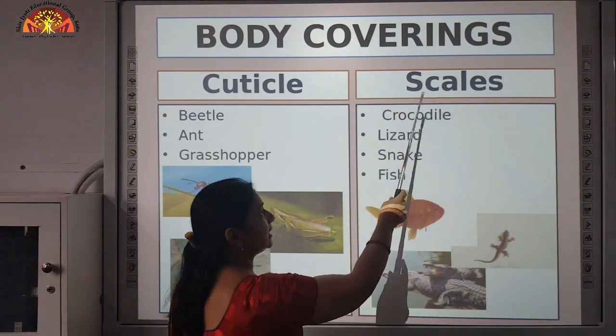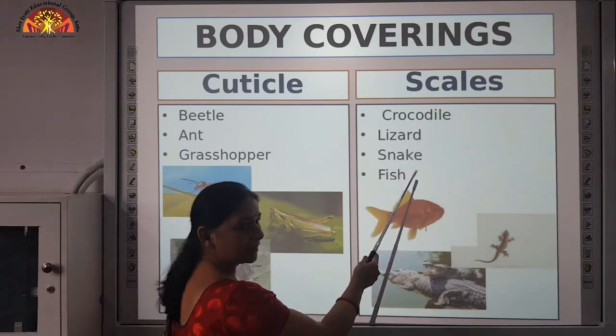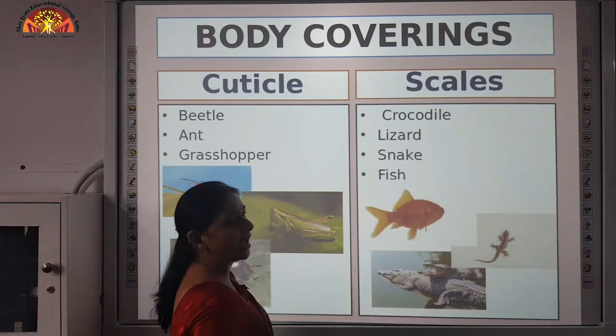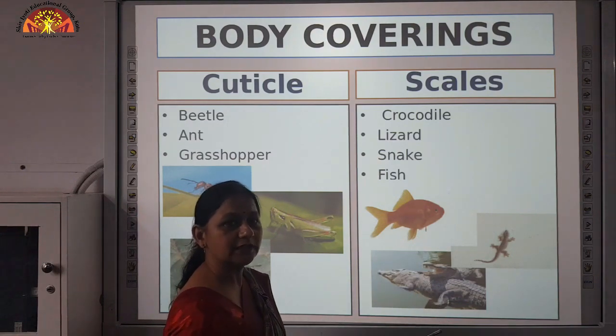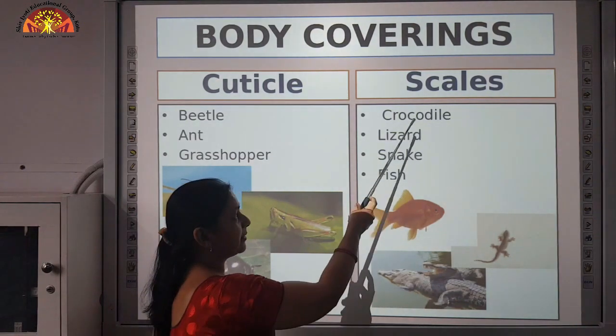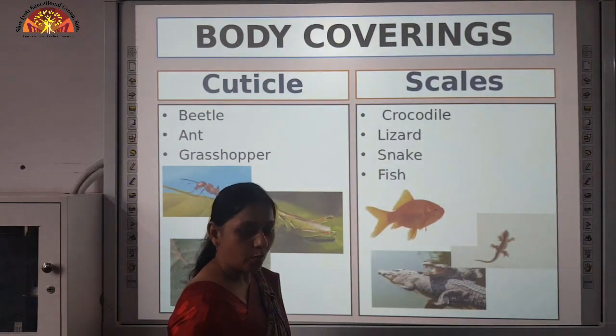Scales are present in reptiles like crocodiles, lizard, snake, and fish also have overlapping scales which prevent the entry of water in the body, and these reptiles have horny scales to prevent the loss of water.